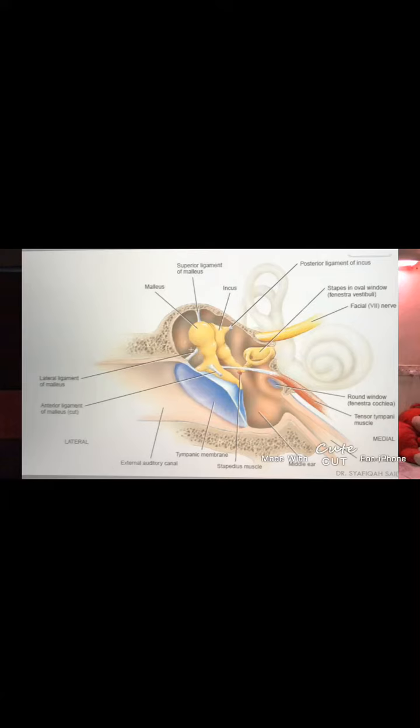It also has the three smallest bones in the human body, which are the hammer, the anvil, and the stirrup, called malleus, incus, and stapes. And as you can see in this picture, there's a eustachian tube, also called the auditory tube, which connects the middle ear to the throat, or the nasopharynx. During yawning and swallowing, the tube opens, allowing air to enter and leave the middle ear until the pressure is equalized.